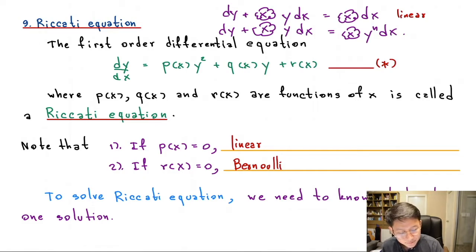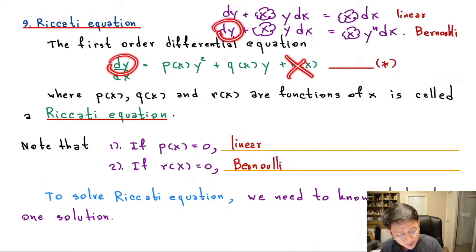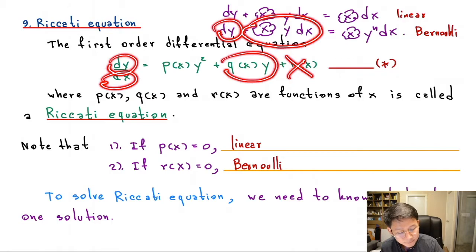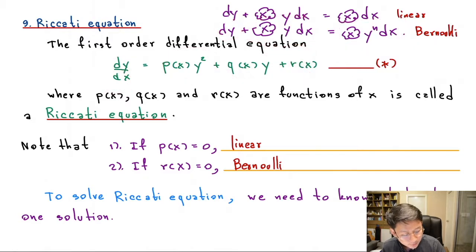So if r(x) is 0, you're gonna see that you have dy, and you have q(x) y dx, and then you have p(x) y squared dx. So it's the Bernoulli when n equals 2. So you need to be able to tell whether it's linear, Bernoulli, or a Riccati equation.